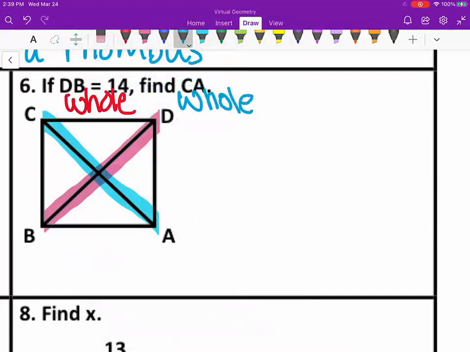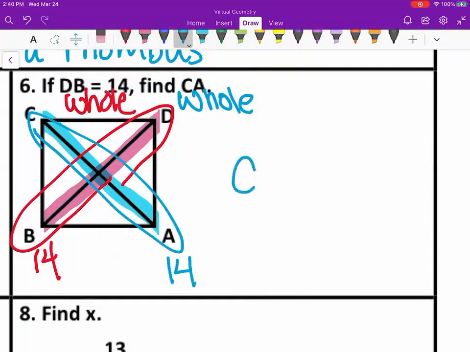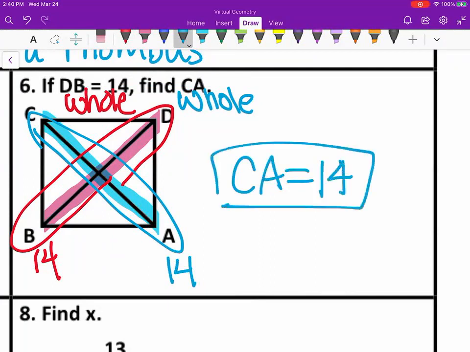So if they're giving you the whole thing, because a square is considered a rectangle, those two lengths are exactly the same. So D to B, that is 14, means C to A is also 14. Again, because it is considered a rectangle as well.